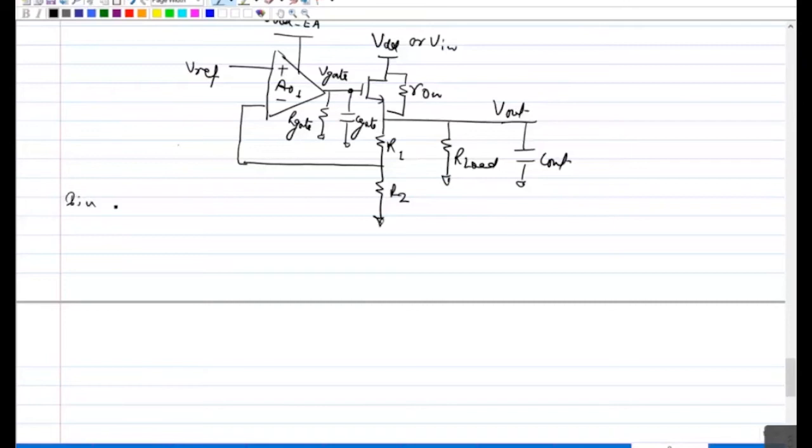In open loop, Vout equals, let me call it, I'm just redefining the R here as a parallel combination of R load and R1 plus R2.